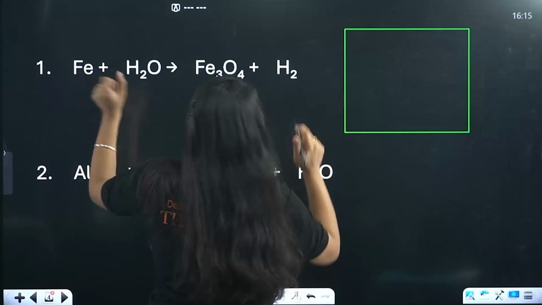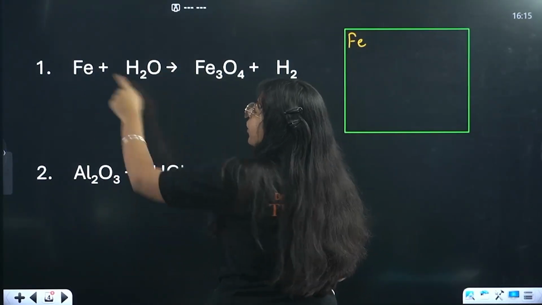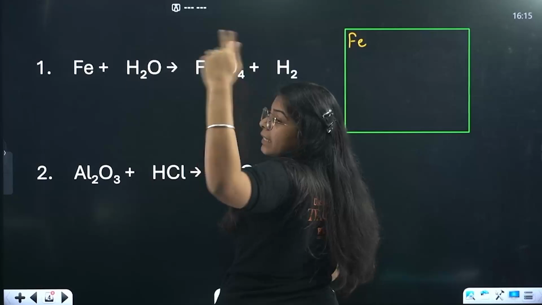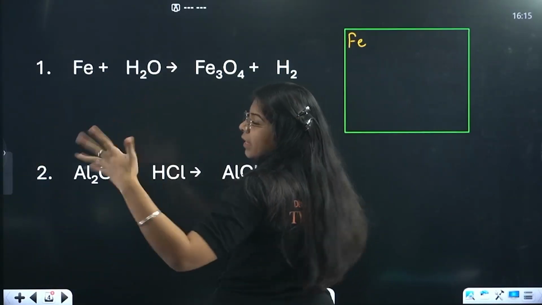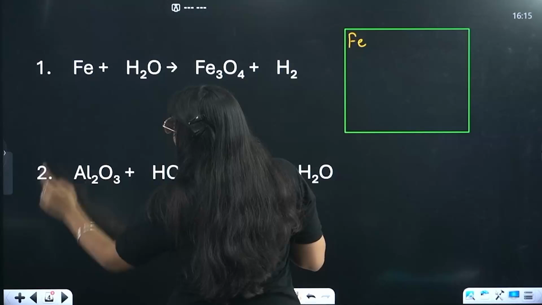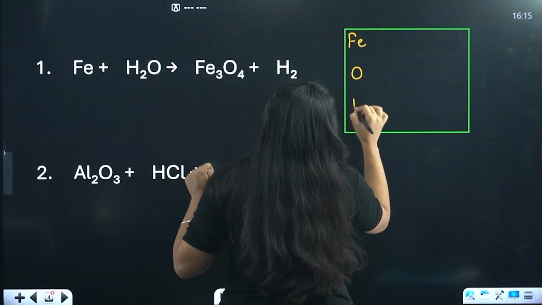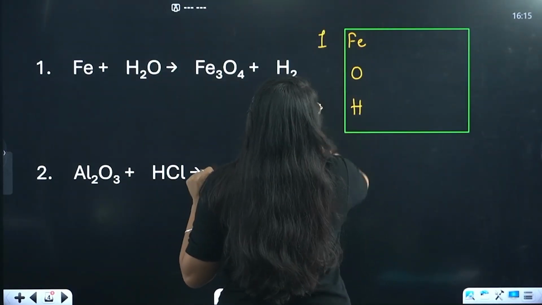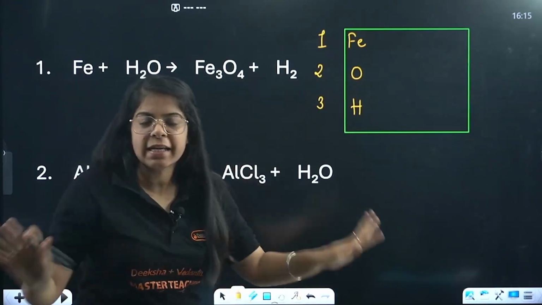Iron, that is a metal. Is there a non-metal? There is no non-metal in this equation, so we go to oxygen, and then we have hydrogen. So we will balance iron first, then oxygen, then hydrogen. Done? Until here it's clear.